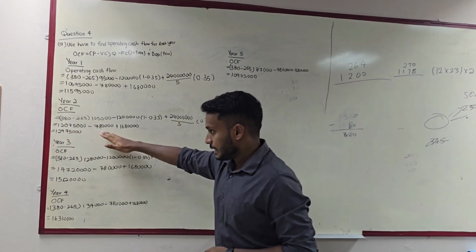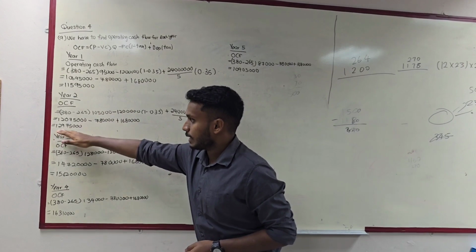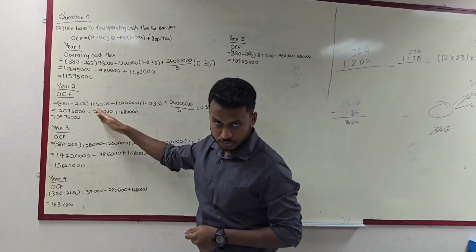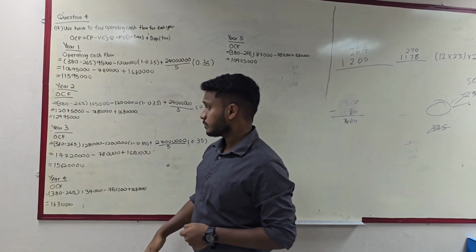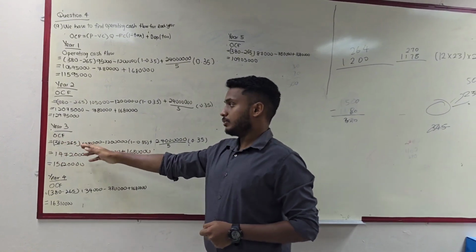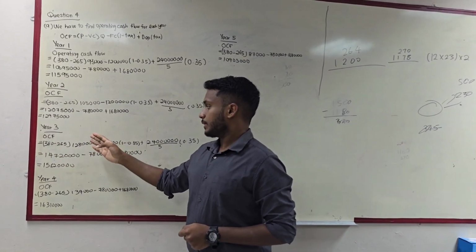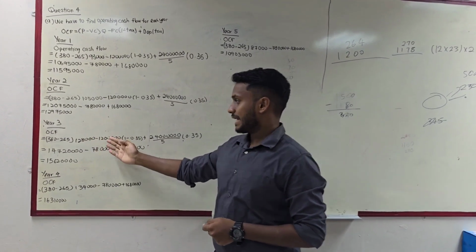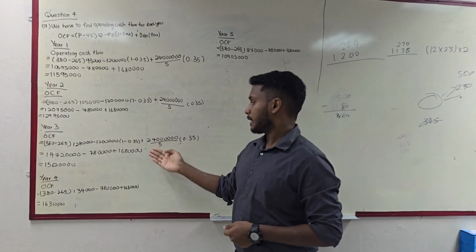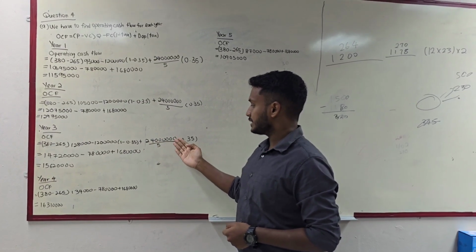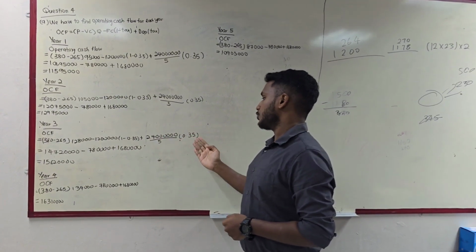So we will get this, and the overall answer we will get is 12975,000. As per the same formula for the third year, 380 minus 265 times 128,000 minus 120,000 times (1 minus 0.35), plus 240,000 divided by 5 times 0.35.